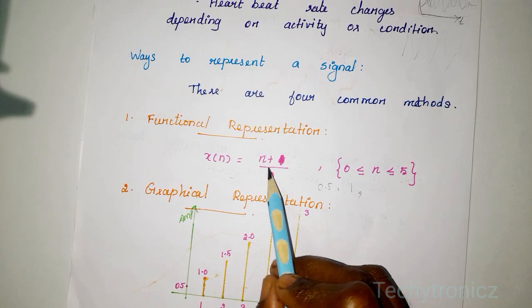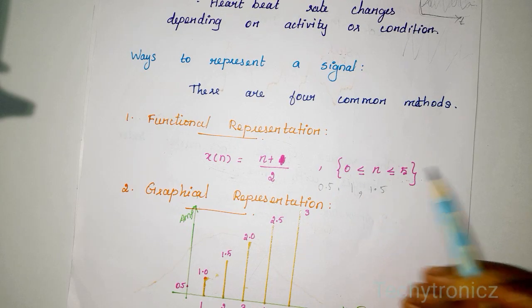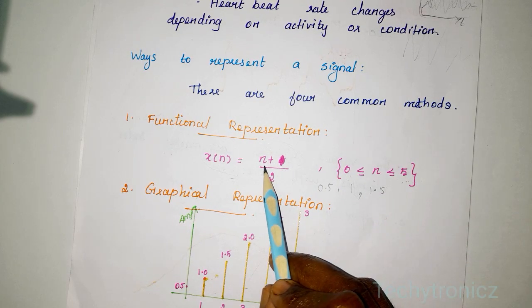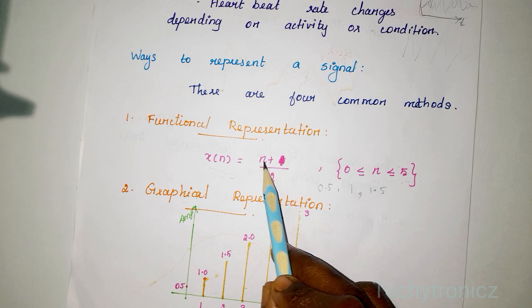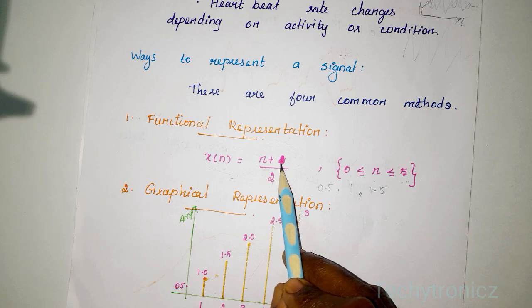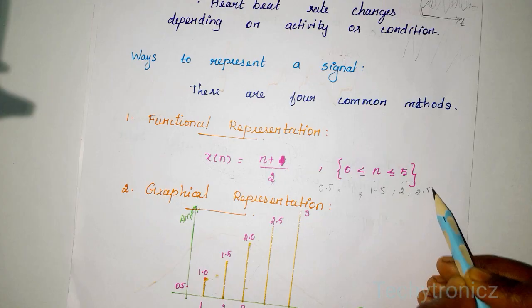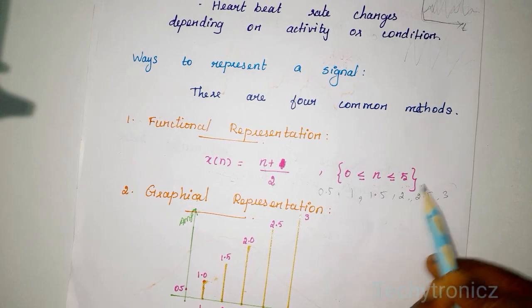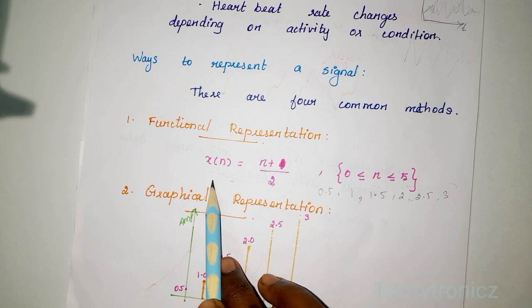For n equal to 2: 2 plus 1 is 3, and 3 by 2 is 1.5. Then n equal to 3 gives 4 by 2, that is 2. Then 2.5 for n equal to 4, then 3 for n equal to 5. These are the values for x of n.